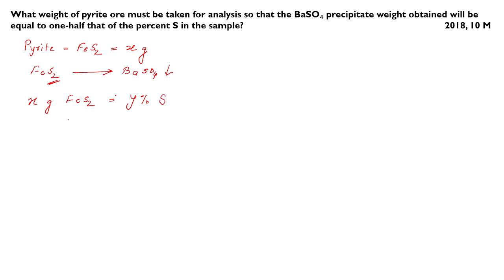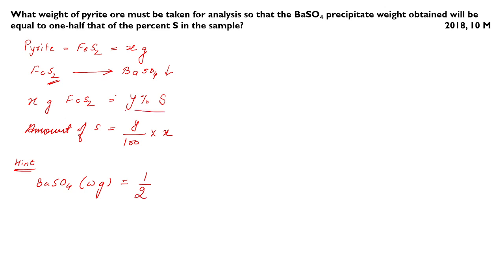The amount of sulfur is going to be Y percentage divided by 100 multiplied by X. And the hint is that the amount of BaSO₄, let's say it is W gram, is equal to 1/2 of the percentage of sulfur, which we have already called Y. From here we need to solve the equation.